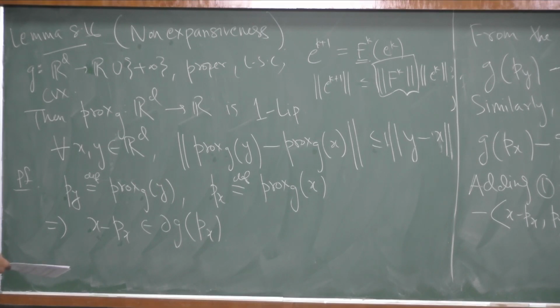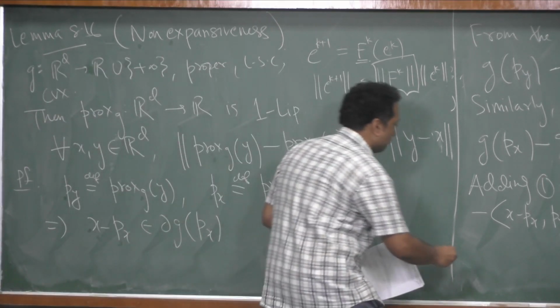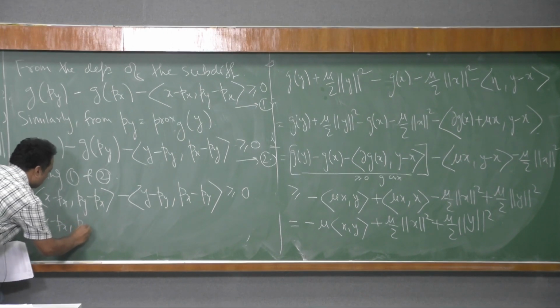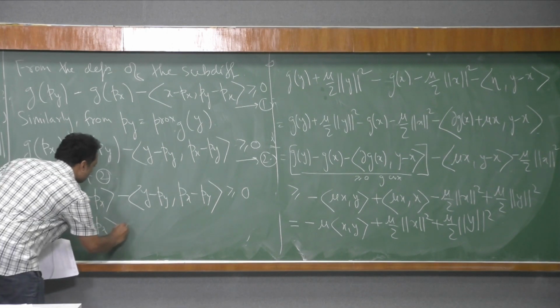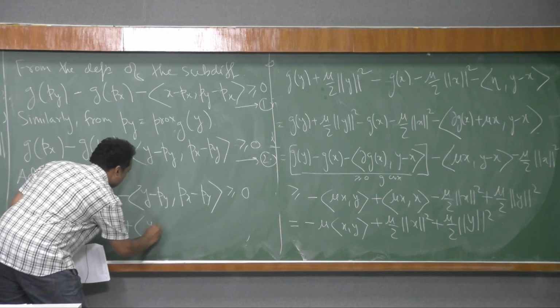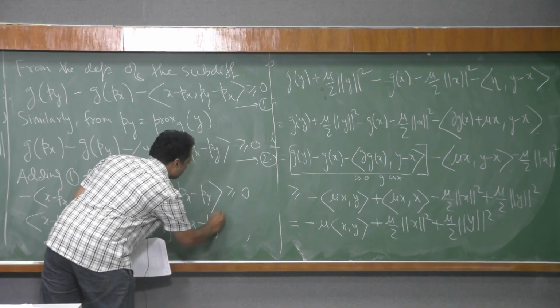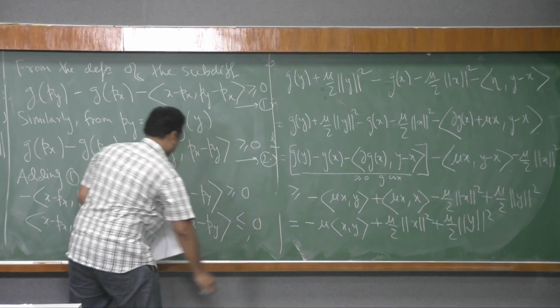Because they are paired with py and px, so we may have to apply some additional inequalities, right? So the first step indeed is, I will get rid of that minus and do some simplifications. Less than equal to 0.